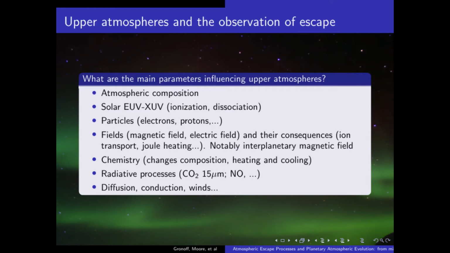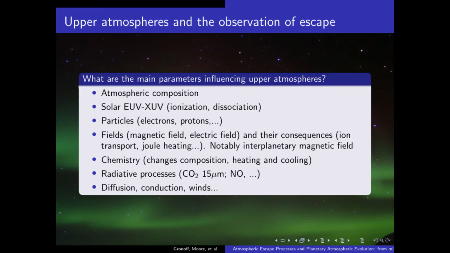To better understand what the escape processes are, it is necessary to understand what the upper atmosphere is. When I speak about the upper atmosphere, I speak about the thermosphere and the ionosphere. At Earth, they begin at 100 km altitude, which corresponds basically to the limit of space.